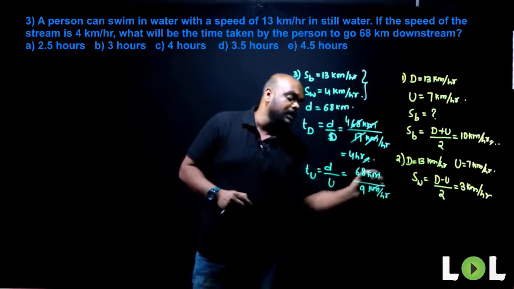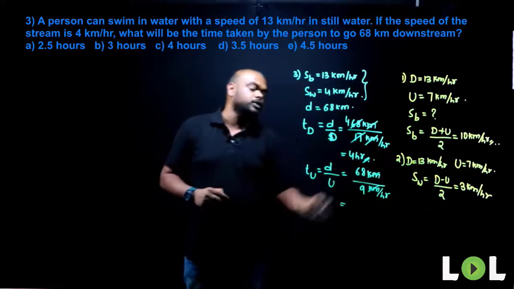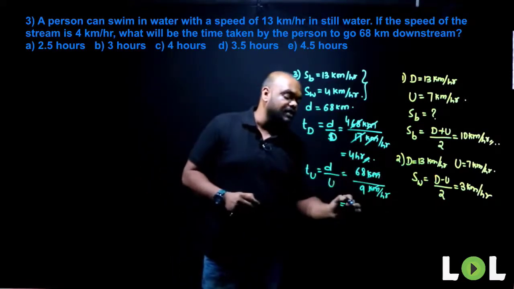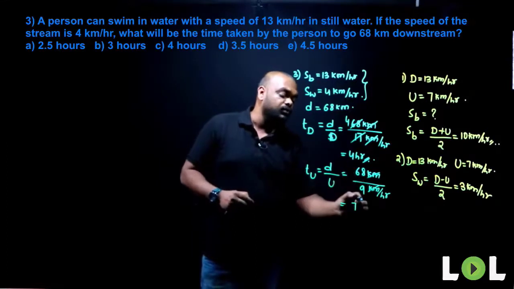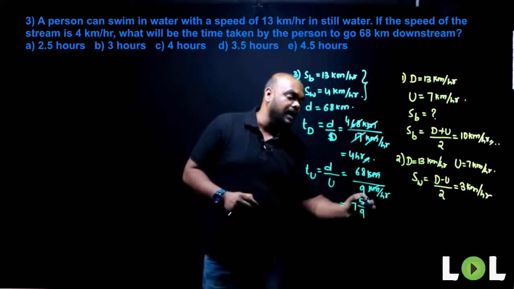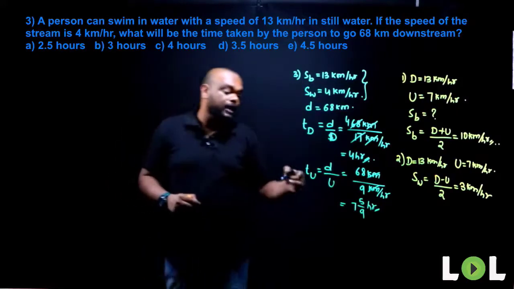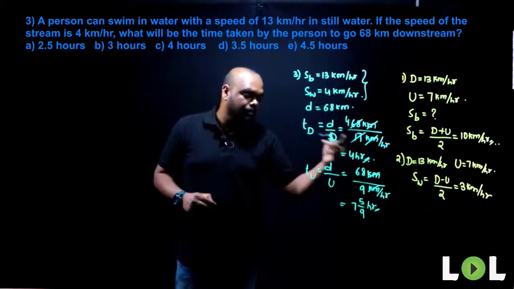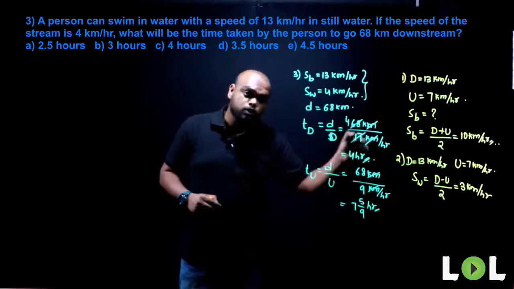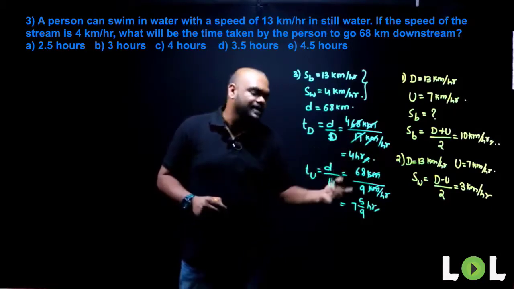So kilometer cancels. If we do this, what do we get? 9 into 7, 63. What is left out? 5. 5 by 9 hours. That is time taken during upstream, and this is time taken during downstream. That is what we want in the question. I just did it extra, people.